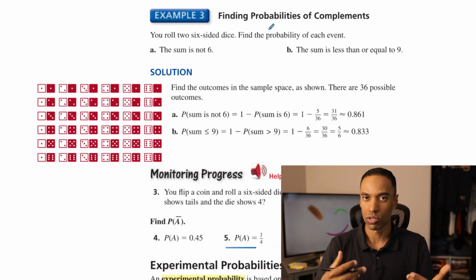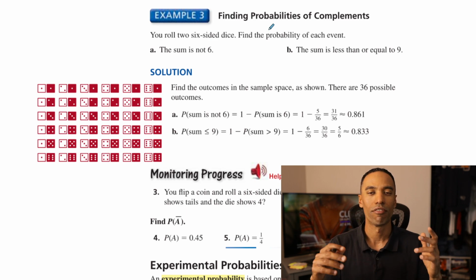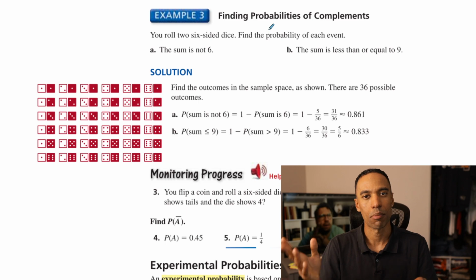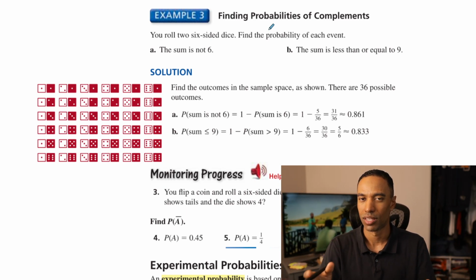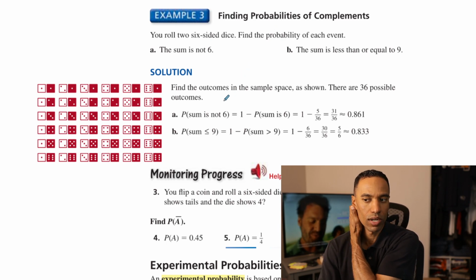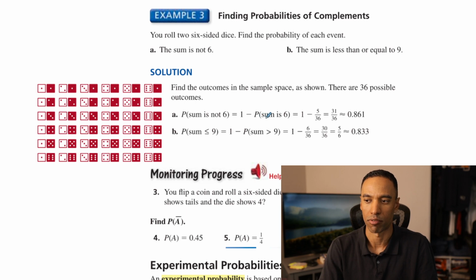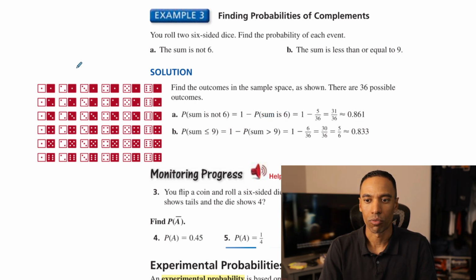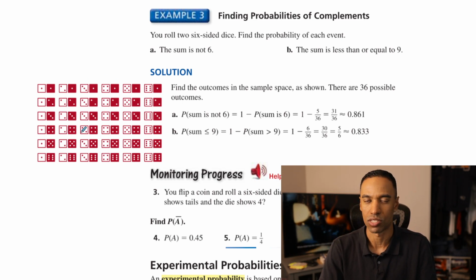But what you could also do, if it's easier, is find the probability that the sum is 6 and take that probability away from 100% to figure out everything else. That's the complement. So the probability that the sum is not 6 equals 1 minus the probability the sum is 6. There are fewer dice roll pairs that get you a sum of 6 than a sum of not 6.